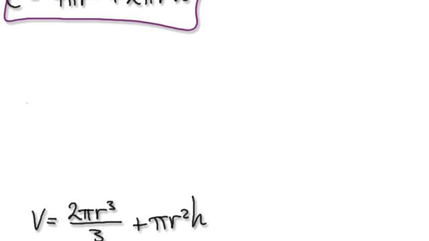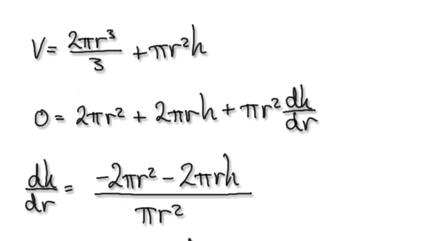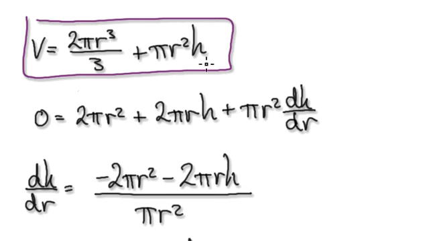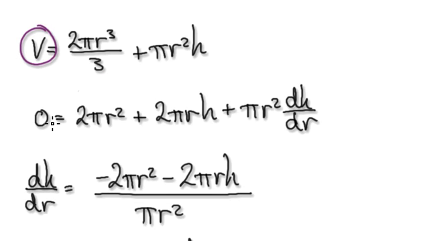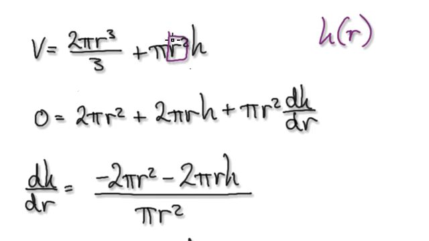Okay, so looking at the volume here, let's use implicit differentiation. Now V, when you differentiate it, V is fixed. It's just a volume. It doesn't change as we vary r. So what we're doing is differentiating the whole thing with respect to the radius. So this then becomes 0. When you differentiate this with respect to r, it becomes this, and then r. Remember, h is a function of r. So here and here you've got r, and this in effect contains r.